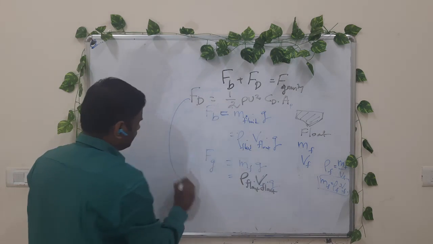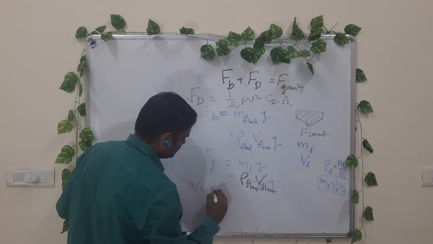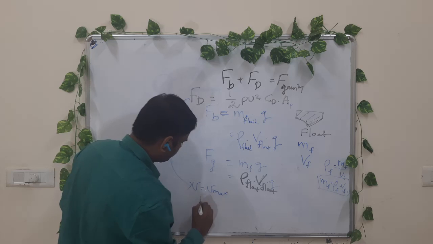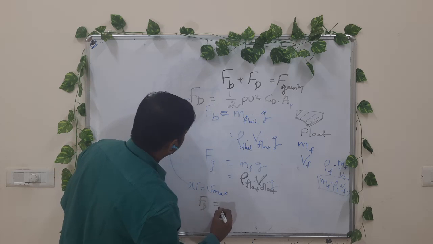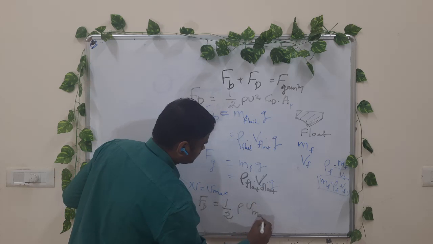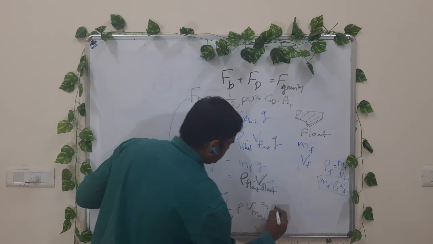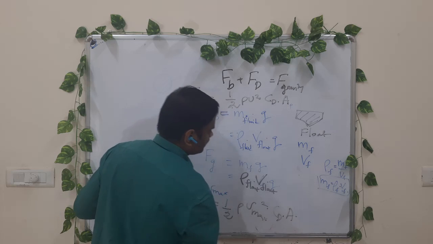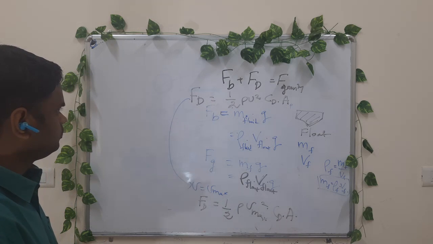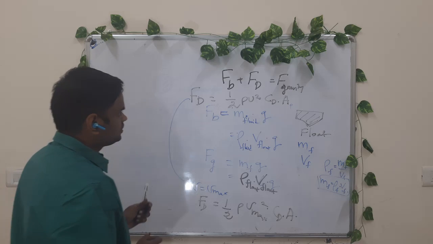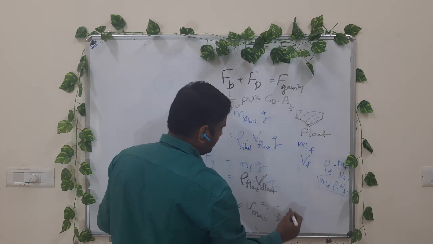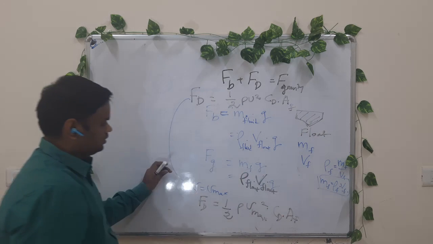So this Fd, when V is Vmax, we have Fd equal to half rho Vmax square into CD into A. Okay. So this drag force is on the area of the float, so you can say AF also. Okay.